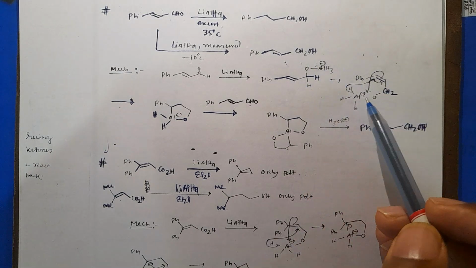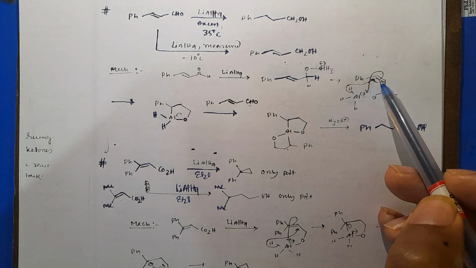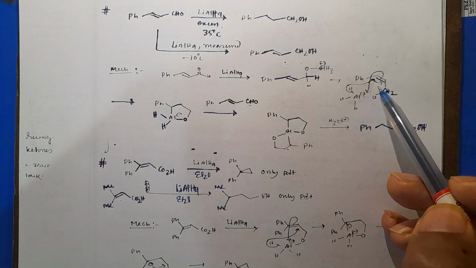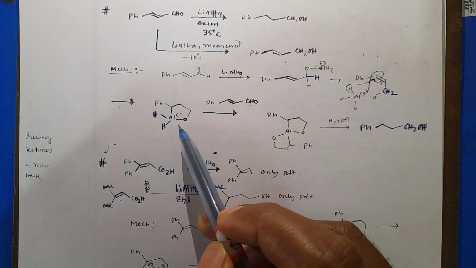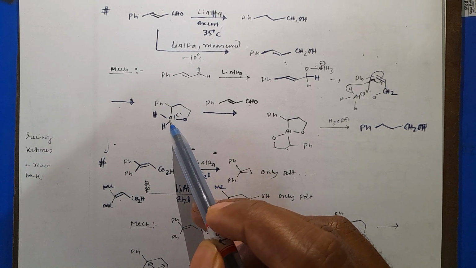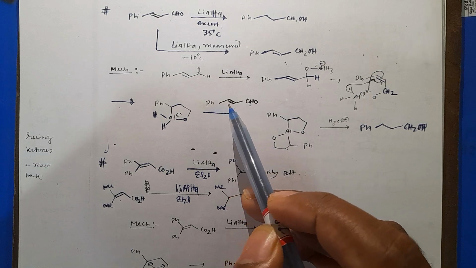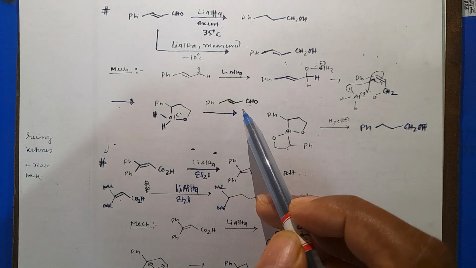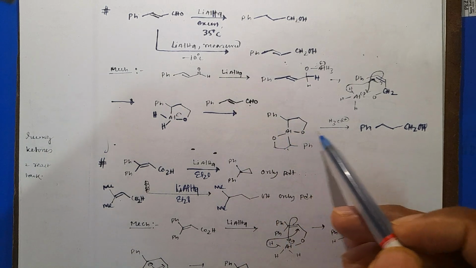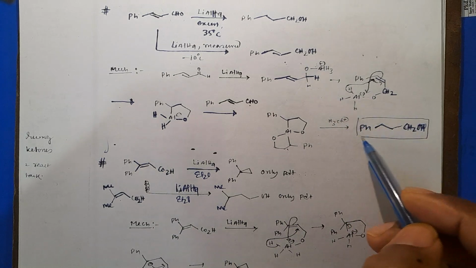After that, another hydride will attack this particular double bond, and simultaneously there is a formation of a 5-membered ring with the aluminium. Further, another equivalent of this alpha beta unsaturated aldehyde compound will take part in the following reaction, and followed by the acidic workup, it gives the desired product.